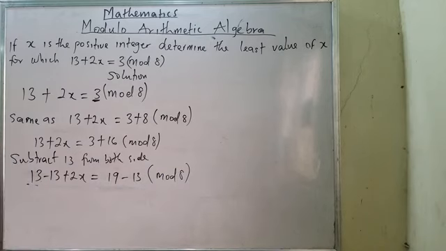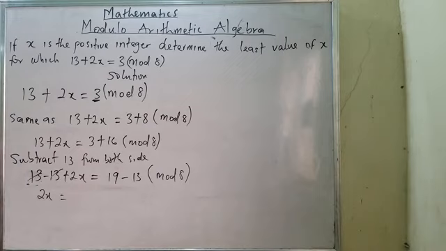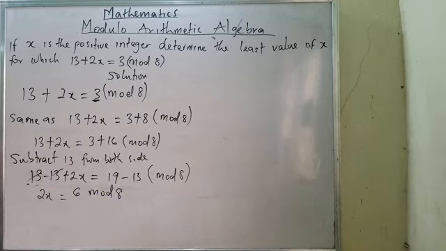Don't forget that, mod 8. This cancels this. I have 2x equals this, take away this, which will be 6 mod 8.